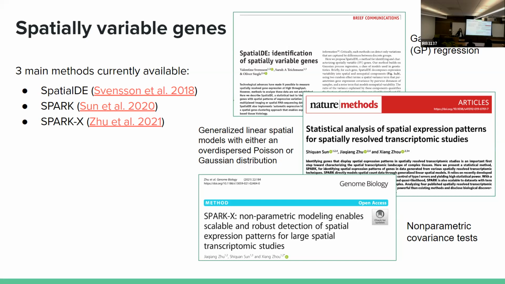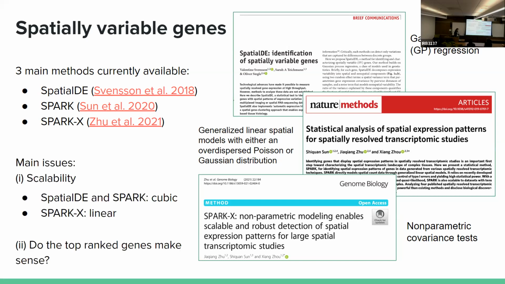So I'll point out a couple of things. One of the big issues is scalability. These approaches scale cubically in time with the number of spots. This paper was designed for data with 200 spots. Every data set that I work with has standardly 5,000. And I just want to point out that 10x is planning to release a new technology with 1 million spots per tissue section.